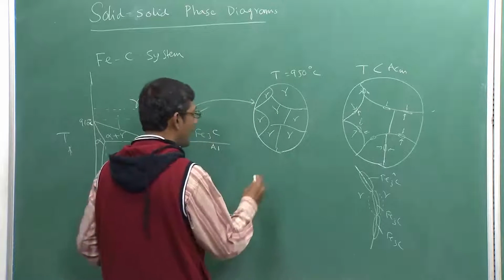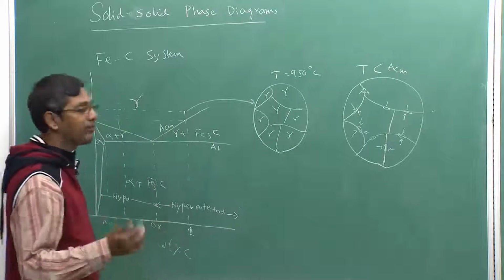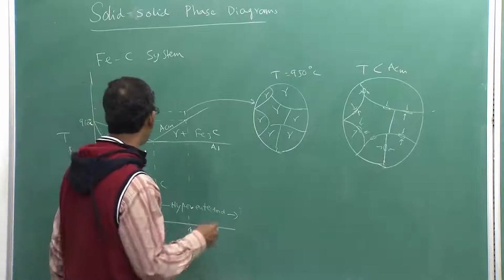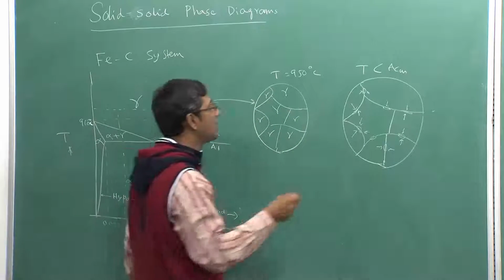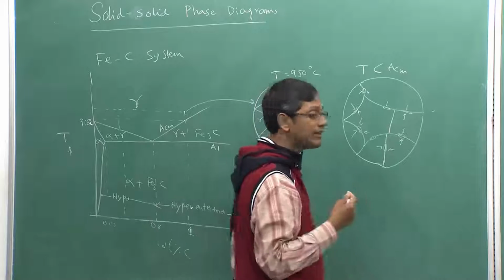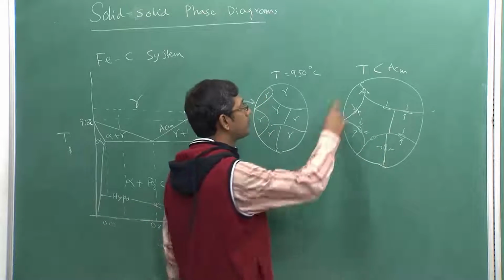Now, at this temperature, as the cementite forms, what will happen? Although the gamma grains all have 1% carbon concentration, cementite, having a larger amount of carbon, will take carbon away from the gamma grains, as I have shown by arrows.